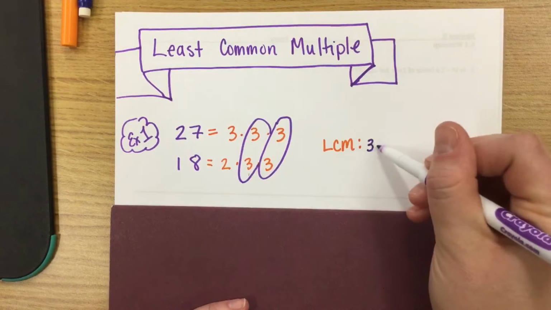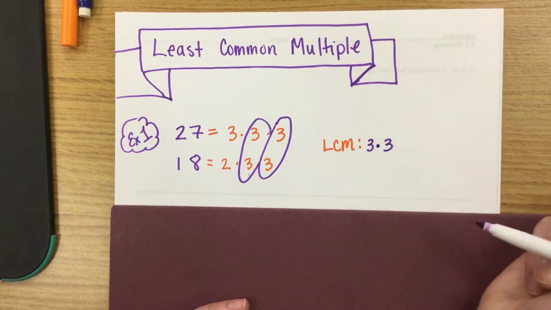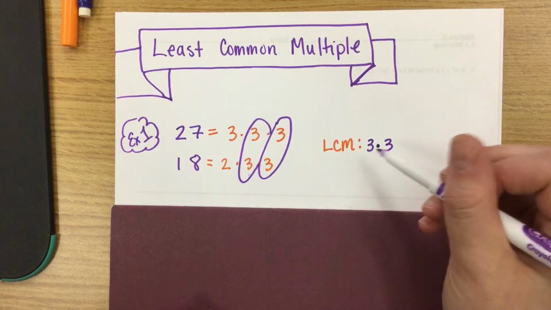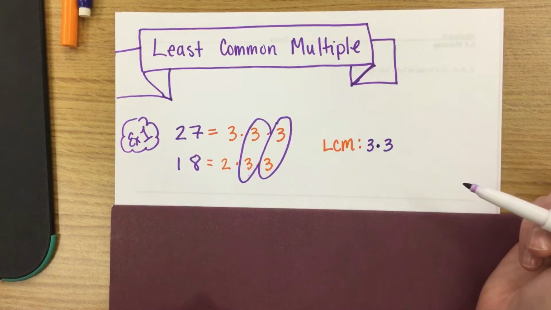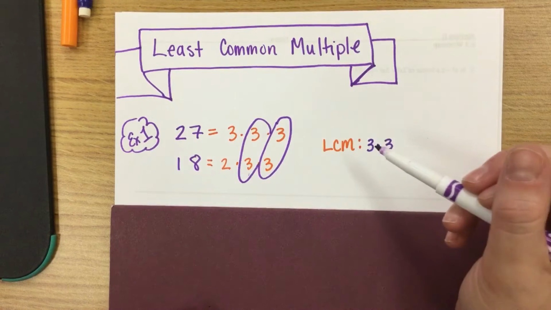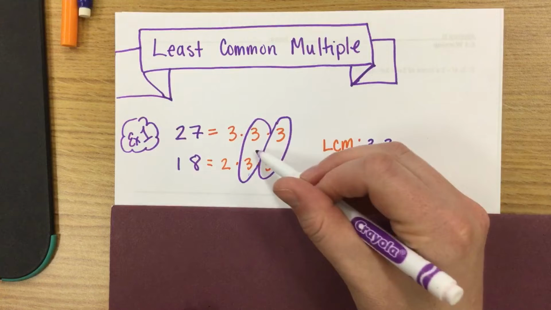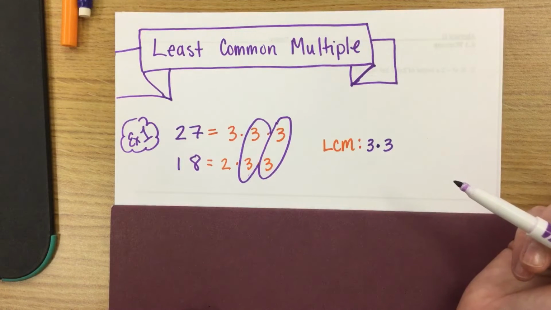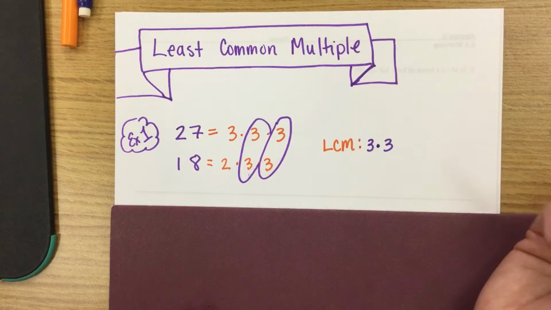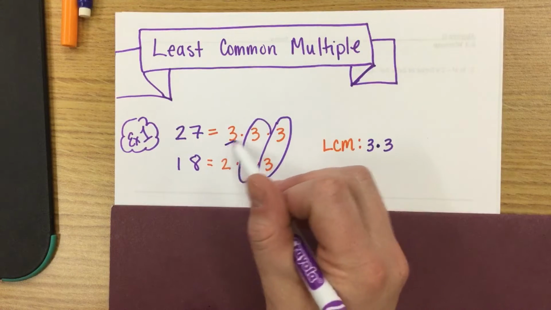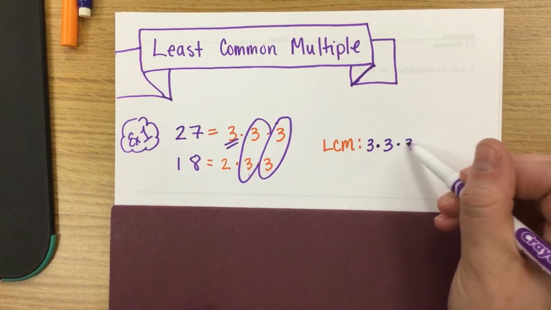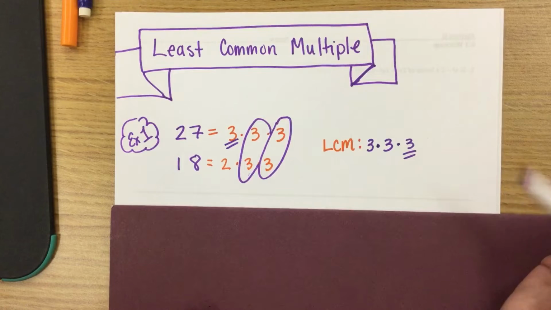So each of these factors goes into your least common multiple, but because they are shared, they only go in one time. So this 3 was that one, and this 3 was that one. Then we have to look and say, what's left over? Well, I can see that I have a 3 left over, and that 3 has to go in one time.